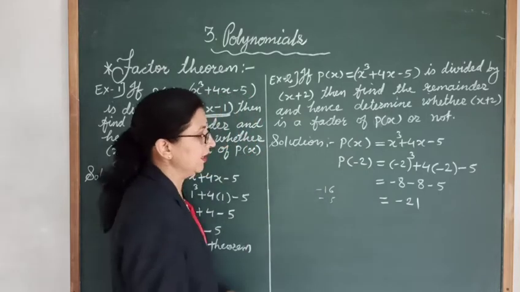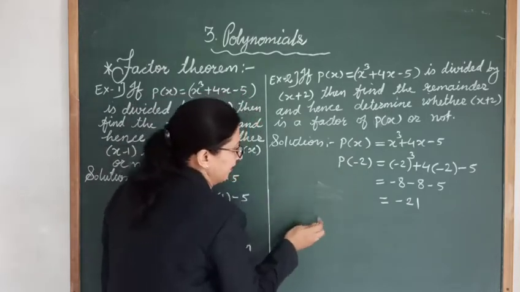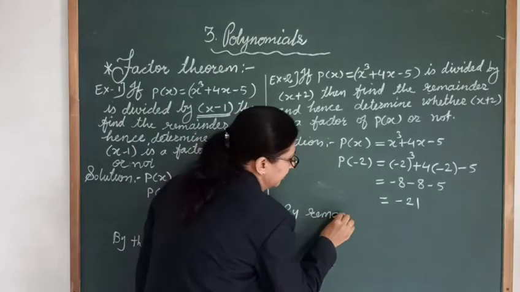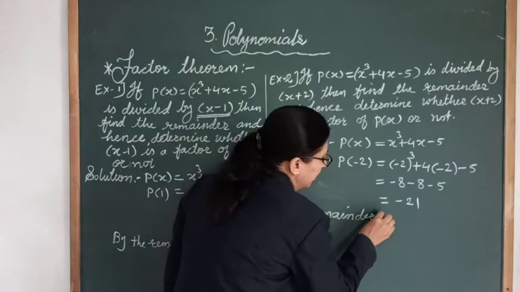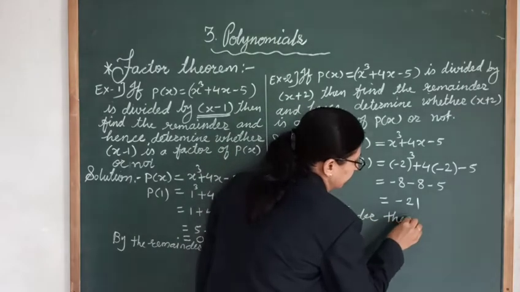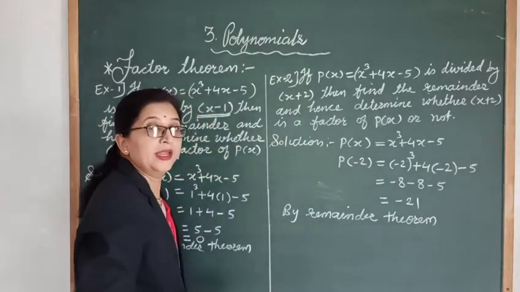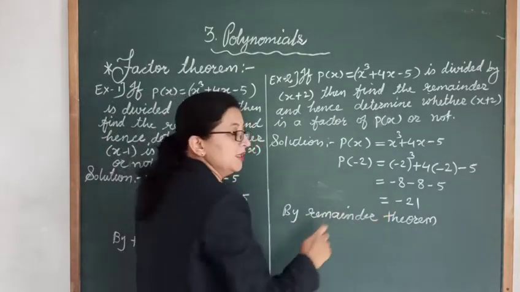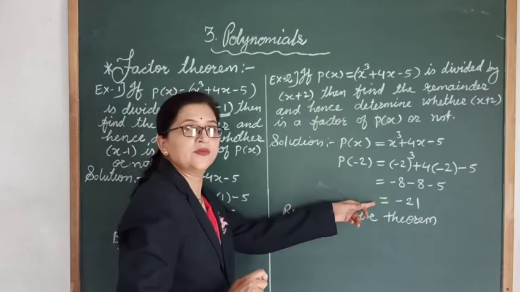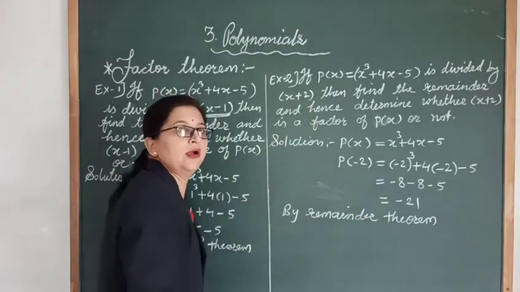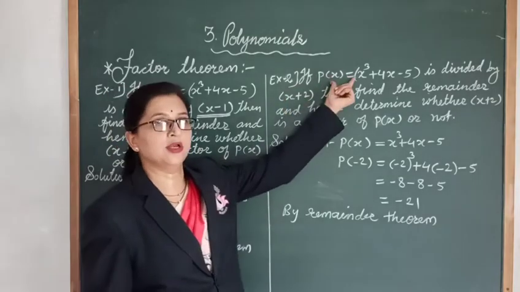Okay. Now here, by the remainder theorem, the remainder is not 0. So we can say that this x plus 2 is not a factor of this polynomial.